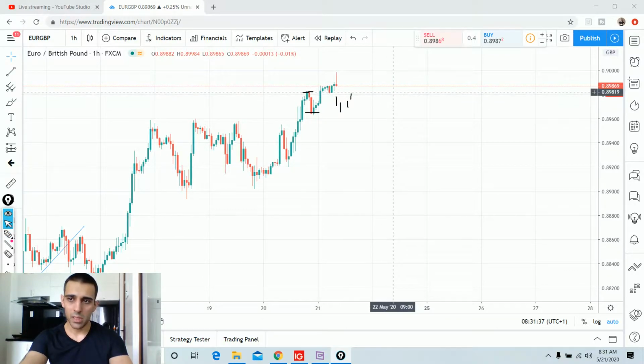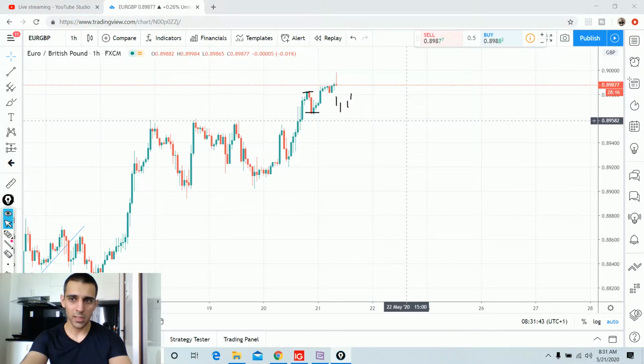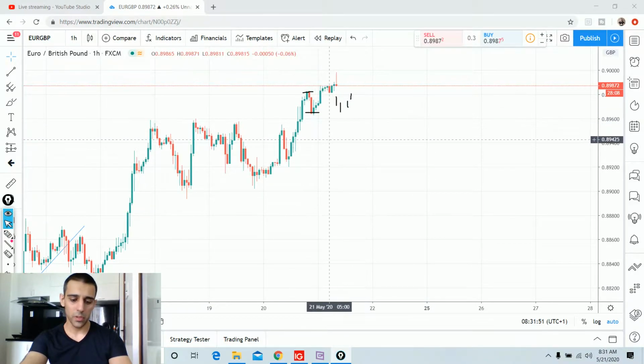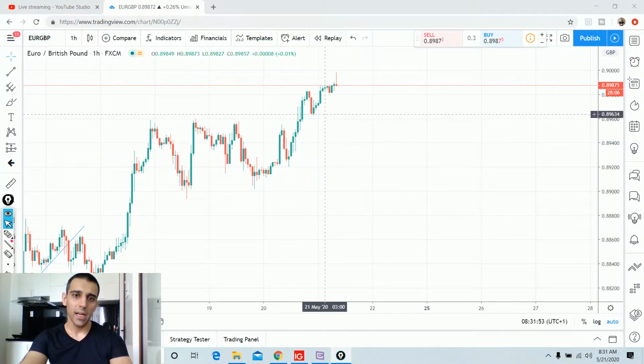Then I can look for the short one, from maybe 89.80 and run it down to 89.55. So I do see a day trade potential on this one, but again, this currency needs to do quite a few things before I decide to trade it.